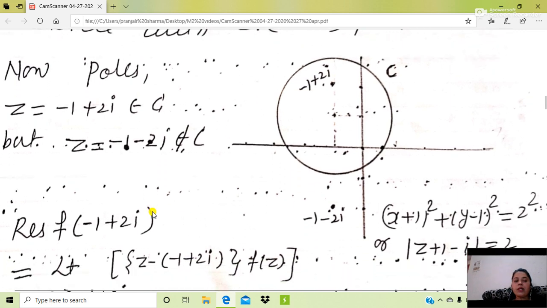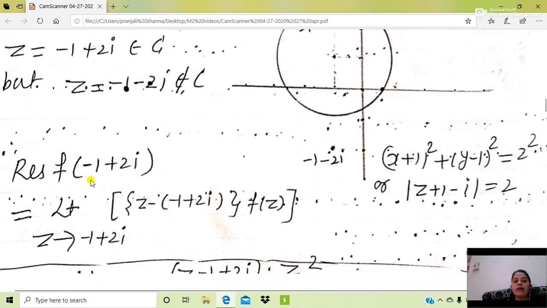So residue of f at minus 1 plus 2i, since it is a simple pole, since its degree is 1, we can use the formula limit z tends to a, (z minus a) into f(z). So in place of a, we have to put this point minus 1 plus 2i.